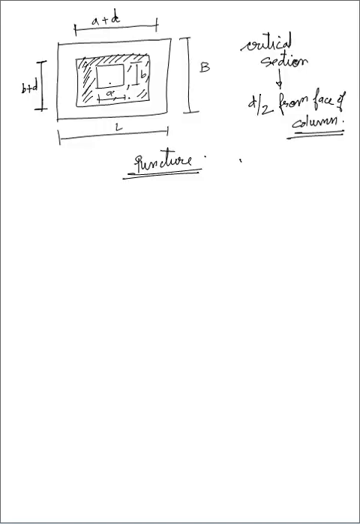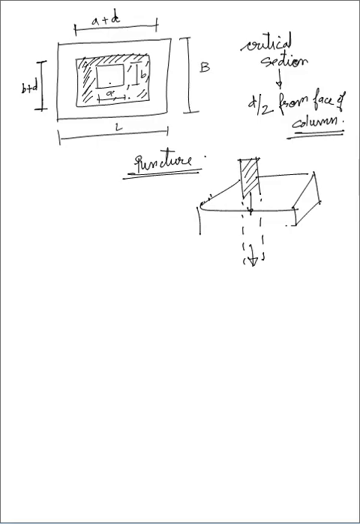The column will go deep inside, and your footing, suppose this is your footing, just imagine in 3 dimensions, it will go inside like this and make a hole here, and the whole column will go inside and puncture the footing.